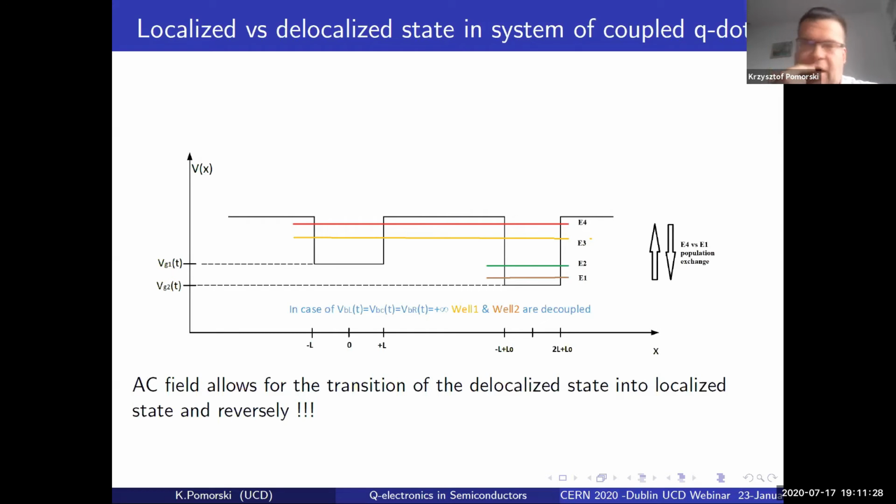I would say at this stage, the best you can do is to determine the position of the electron only to one quantum well. Well, it also depends how exactly you are able to shape this effective potential. That's another issue.